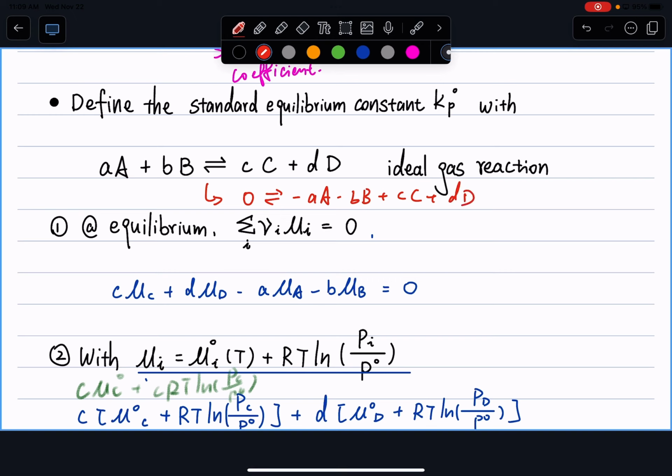It's the same idea as we've seen before. All right. Next up is our understanding of what your chemical potential is for this reaction at equilibrium. So write out this expression of the summation of your stoichiometric number times chemical potential adds up to be 0. So that's what we have.